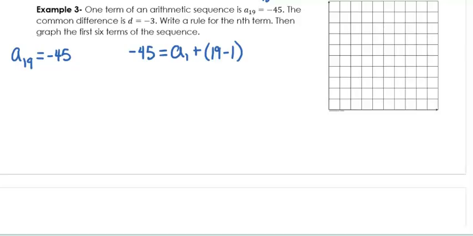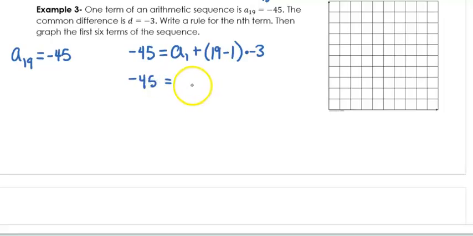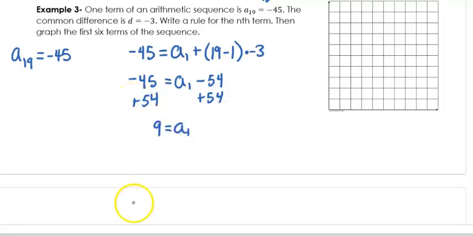They also told us that d was -3. So I can use my formula to find out what the first term is. 19 minus 1 is 18, times -3 is -54. I can simply add the 54 over, and I find out that 9 is my first term.